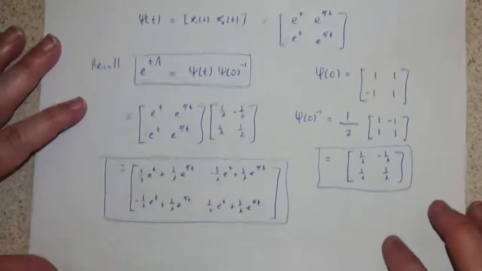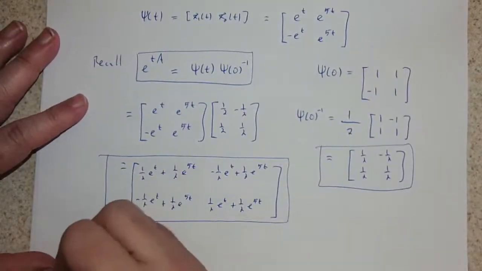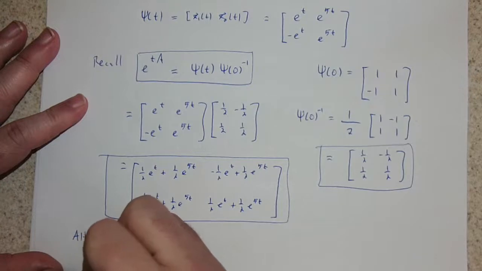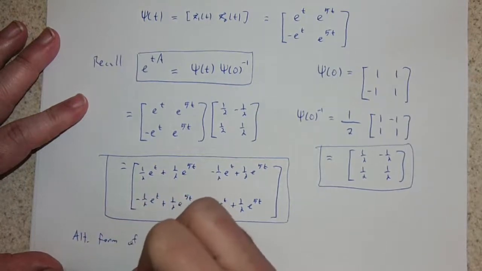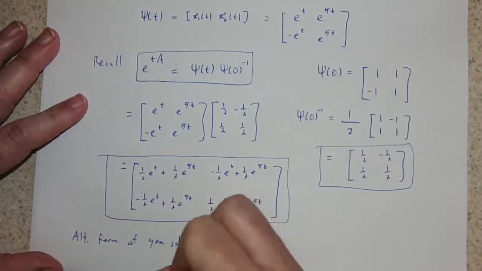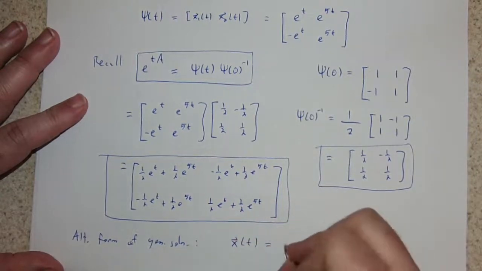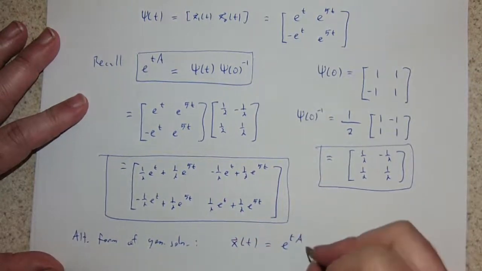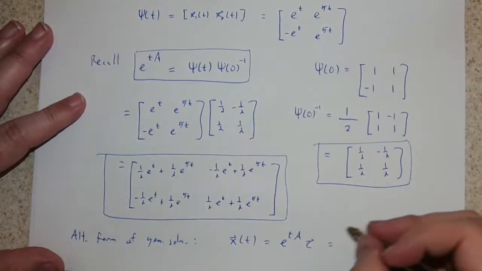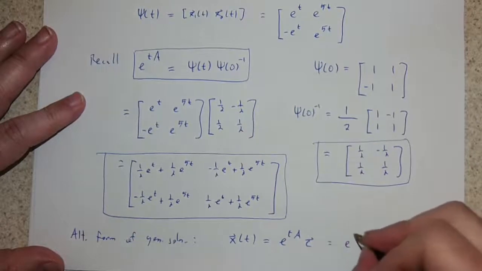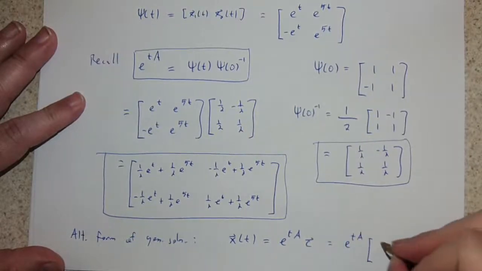Okay, an alternative form of general solution, once you found this, is x of t is e to the tA times c, where c is the vector of constants, so this is e to the tA times the vector c1, c2.